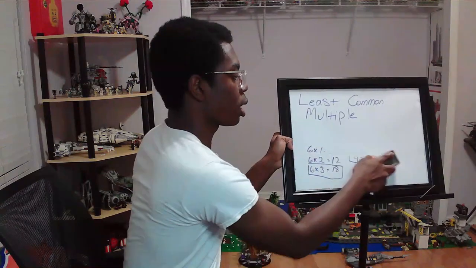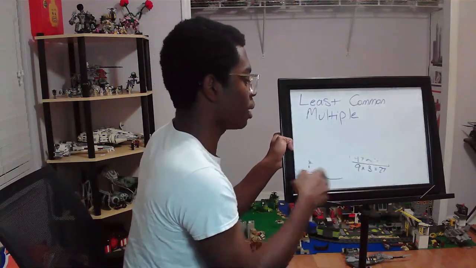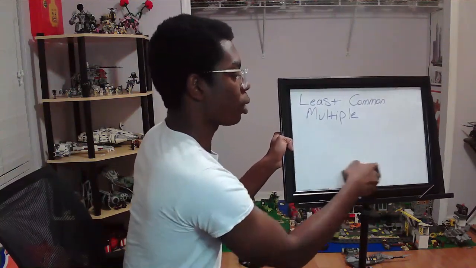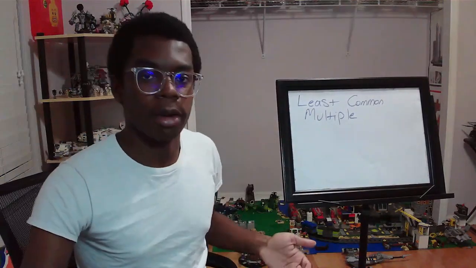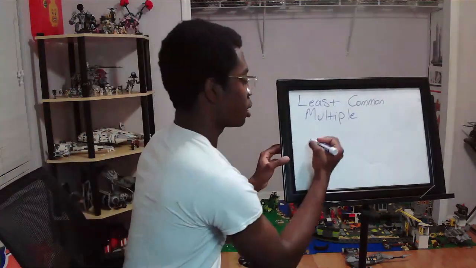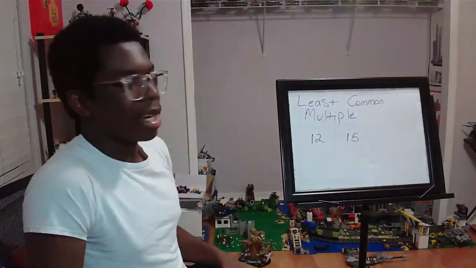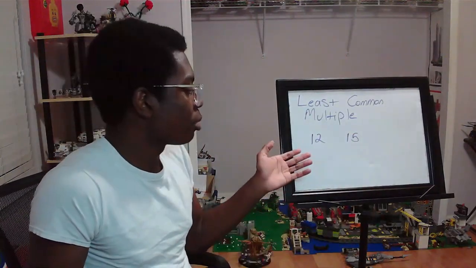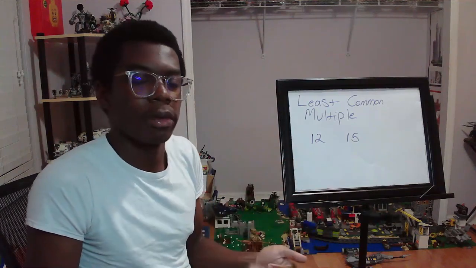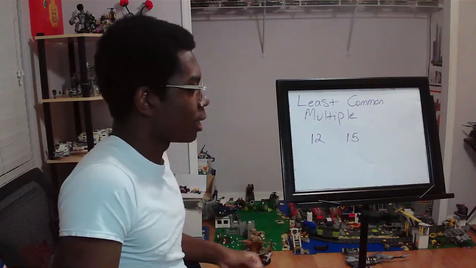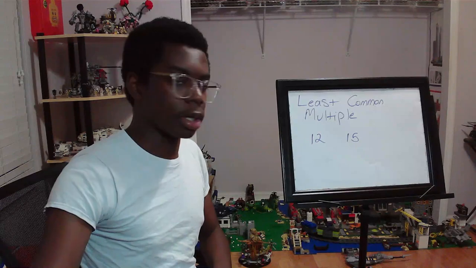For some numbers though, it's not going to be that easy to just go through and check every single thing. So let's say 12 and 15. I don't think anyone really wants to go through every number to check and see what the least common multiple is.